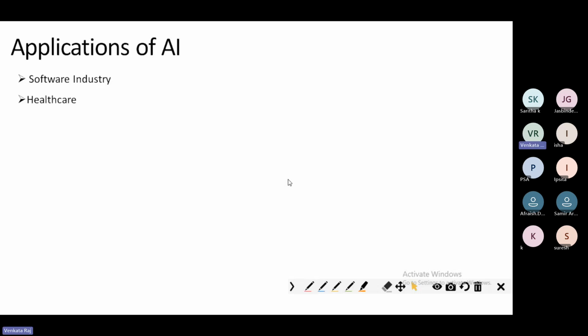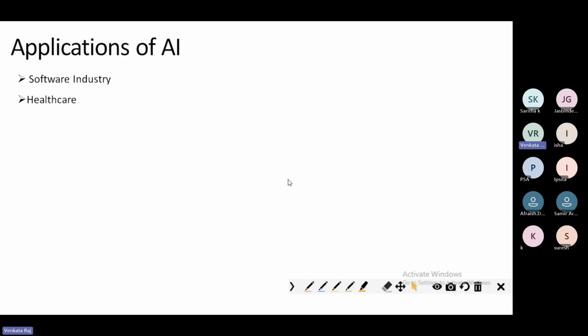Then healthcare. In healthcare nowadays, AI models or LLMs are being used to analyze the reports of patients. Because those AI models will be trained on healthcare data, the doctors can directly take the help of AI, and AI can predict what the disease is based on the results in the report, and suggest the solutions, the medicines, right?